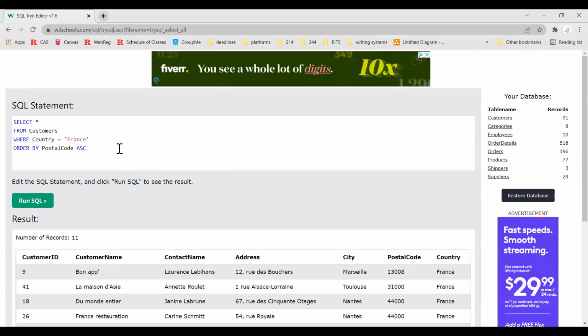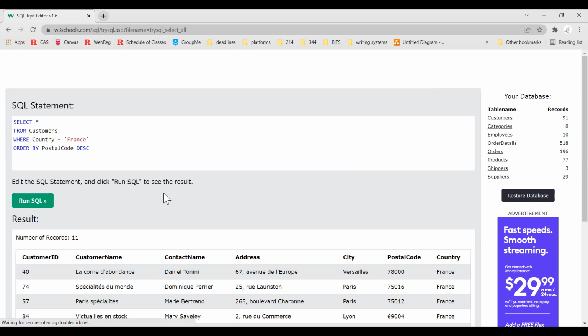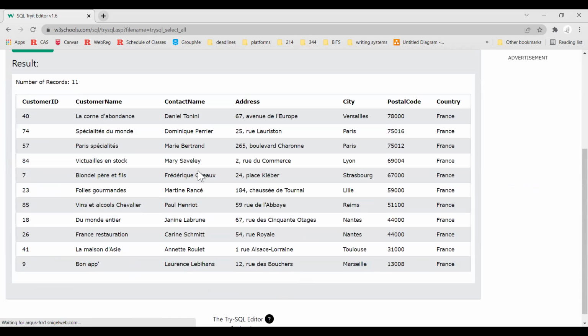And if we want it to be in reverse order from this, does anyone remember the keyword? Close. There is the C, yeah. And there we have it.